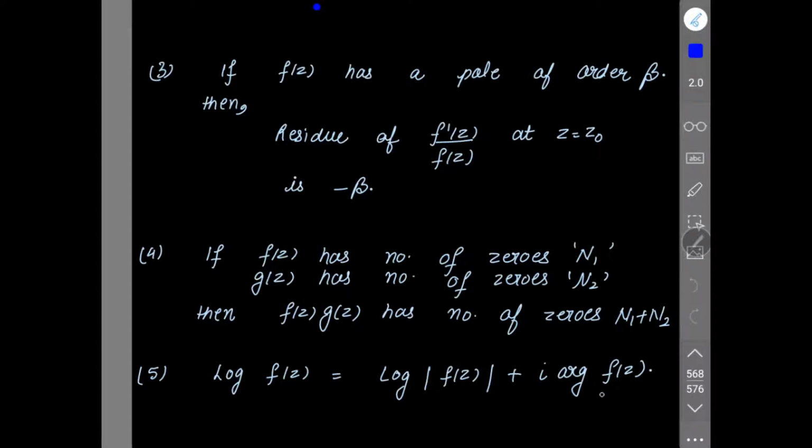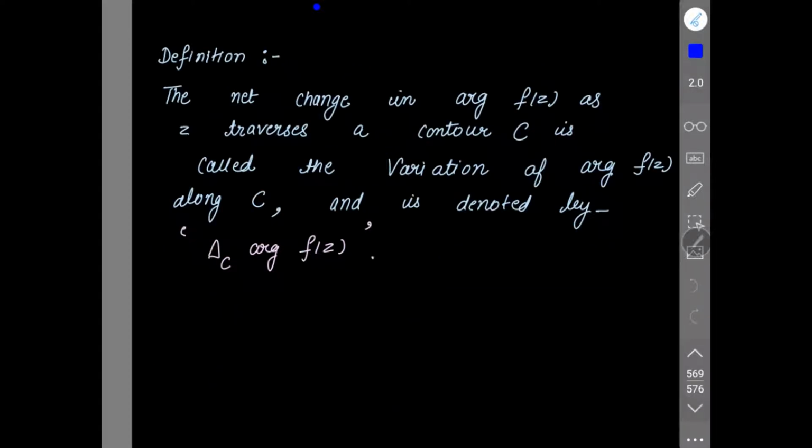This is a result. And now we are having a definition. The net change in argument f(z) as z traverses a contour C is called the variation of argument f(z) along C and is denoted by delta_C argument f(z), where delta_C is the variation of argument f(z).